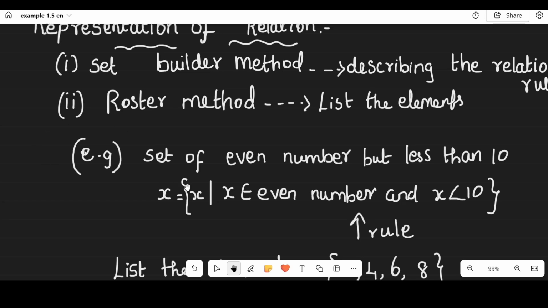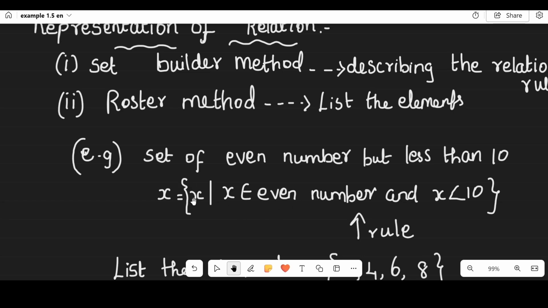Now we can describe this particular set like X is equal to the set of x. X means we have a set of numbers in our hand, right? Each and every element we can denote as x. This is the rule or condition, the format you have to follow for describing the relation.